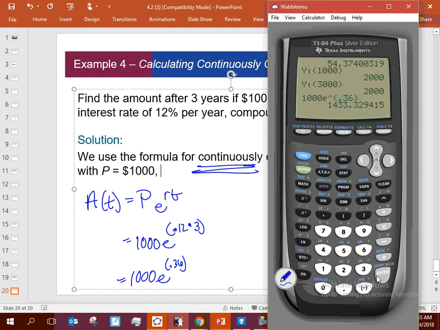Let's say Chase says, we can give you 12%, we can give you 3 years, and you're going to invest $1,000. But Superior says, we can give you the exact same thing, but we cannot compound continuously, we're going to do it monthly. Who's better if Chase can go continuous? Chase. Marketing thing. Superior can't give me compounding continuous, but maybe they can give me a 12.05% interest rate. Does that make sense?